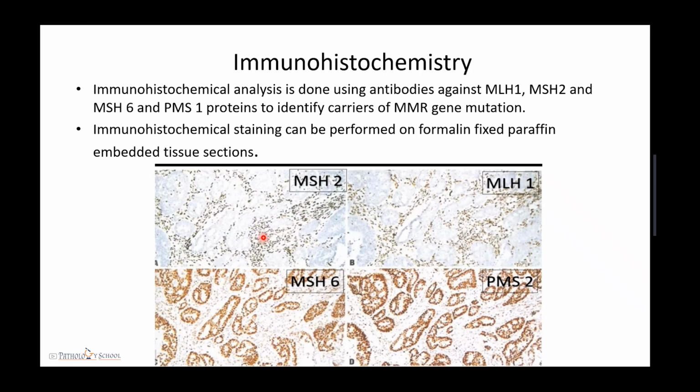Now you can see that there is brown pigmentation in both of these. You can see the brown pigmentation of the stroma, which says that the tumor is not taking up the brown stain over here. So tumor is negative for MSH2 and MLH1, but yes, you can see the stromal brown coloration.